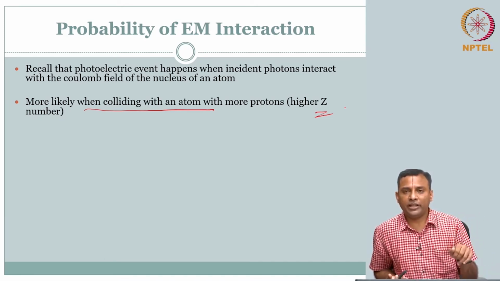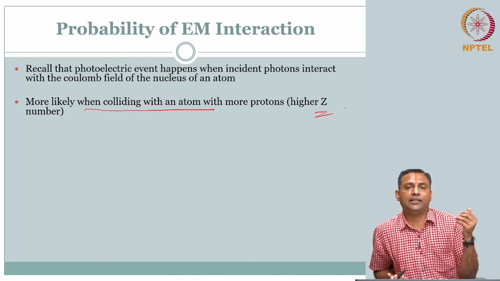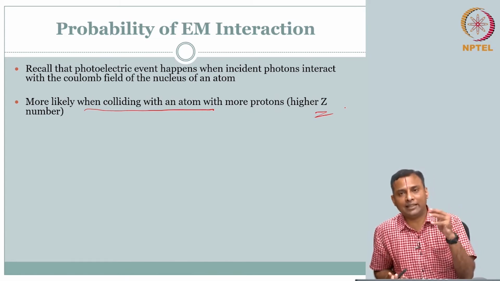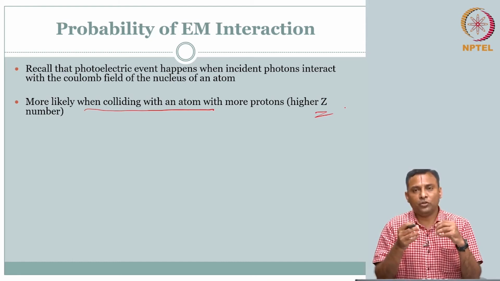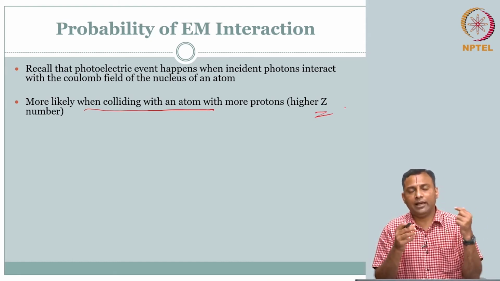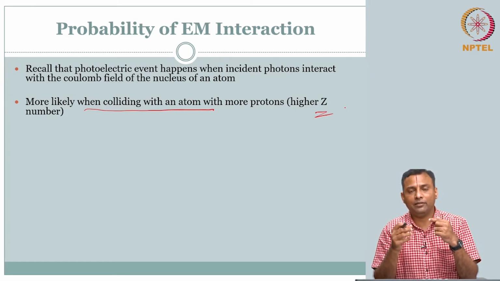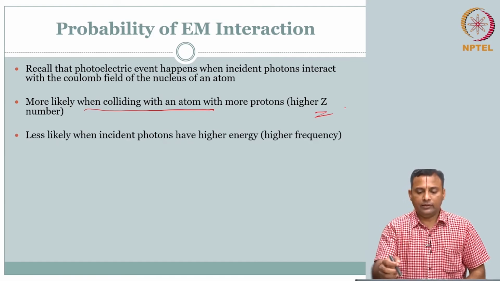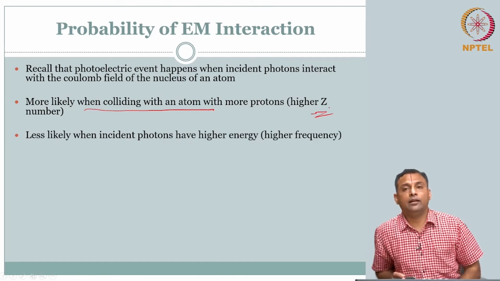We are going to appreciate the rationale of, photoelectric effect says the energy h mu is interacting with the Coulomb field. So if there are more electrons, if there is a strong field, then there is a higher chance of h mu interacting. Okay, so we will only say that you need a higher Z number.